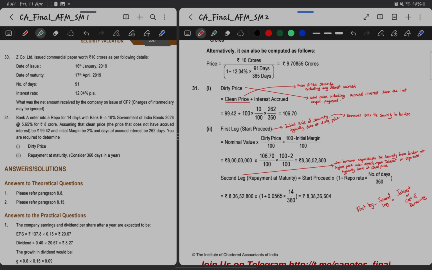And when the borrower again repurchases the security from the lender at a higher price, including the interest or the repo rate, that will be called the second leg.